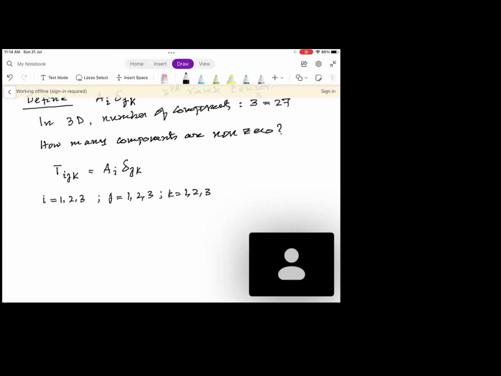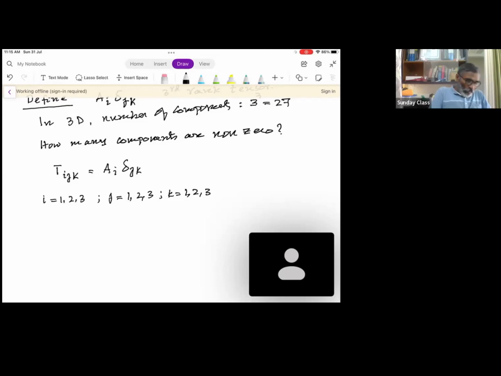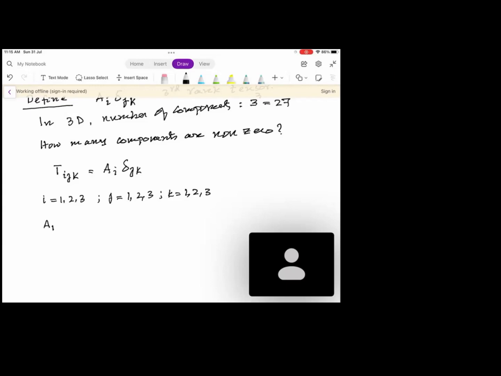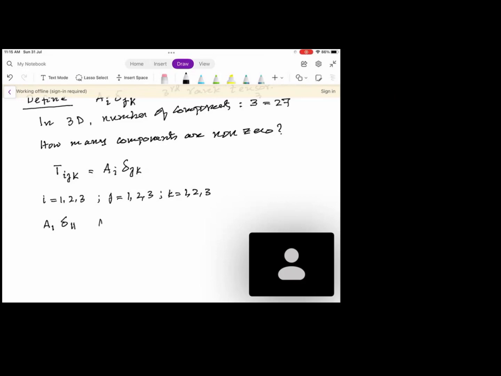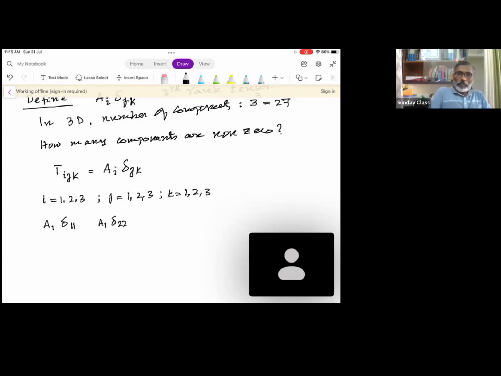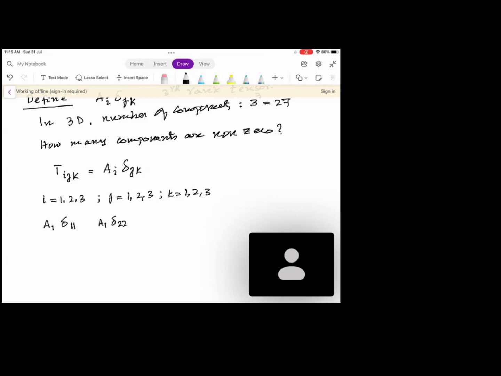Using the condition J is equal to K, we get 3 components, and 3 into I. So for example, I take A1. A1 delta 1 1, that is non-zero. A1 delta 2 2, is it non-zero? Yes, sir.